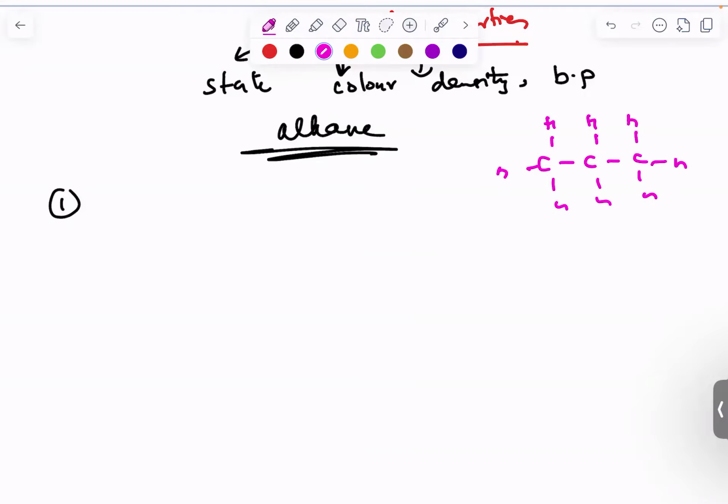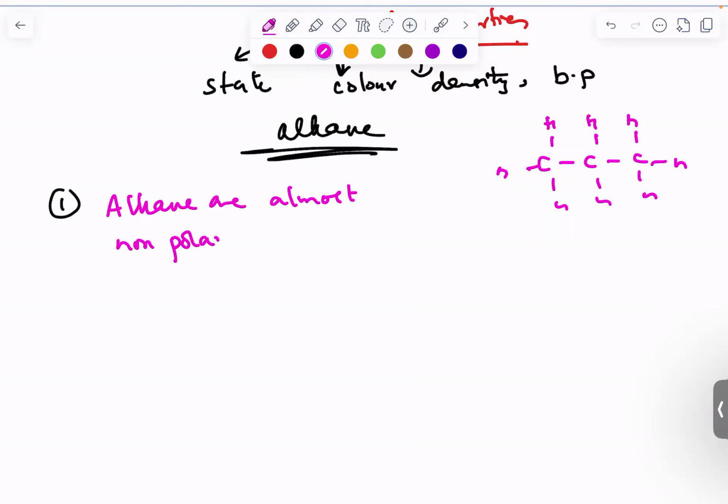So this is propane. Only two atoms could be seen, carbon and hydrogen. There is a very slight difference of electronegativity between carbon and hydrogen. So I can say that alkanes are almost non-polar.